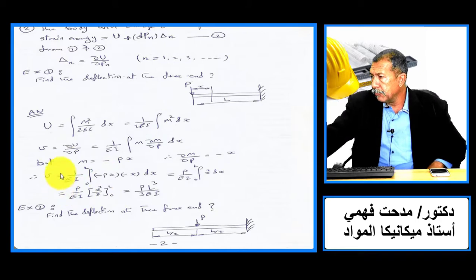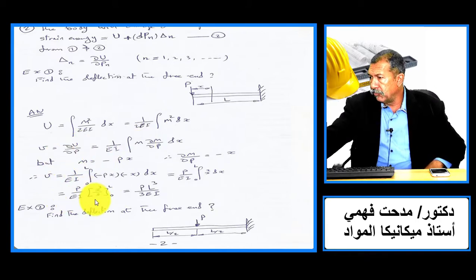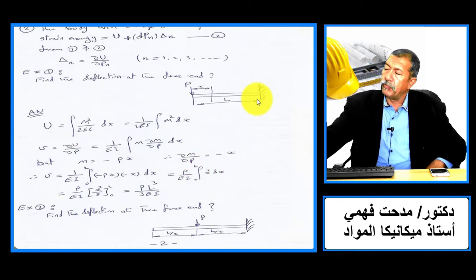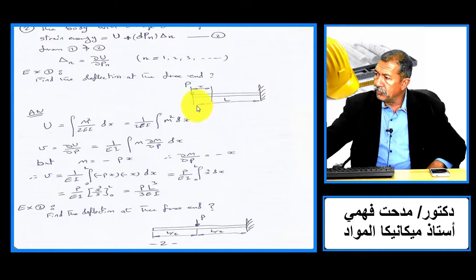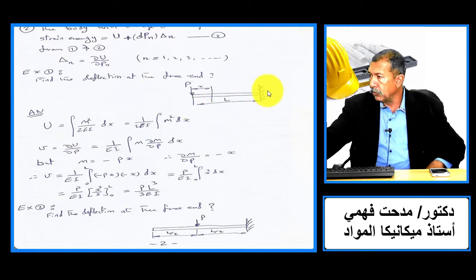If we put this in the formula of V, we get B over EI, integration from L to 0, from the total length of the beam to x, according to the x-axis.